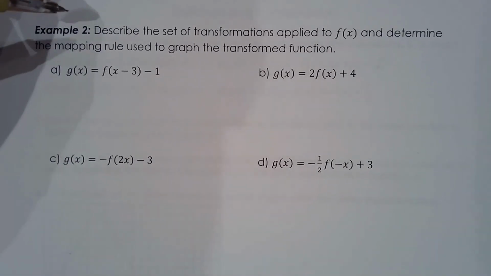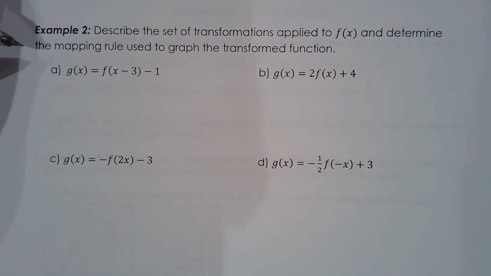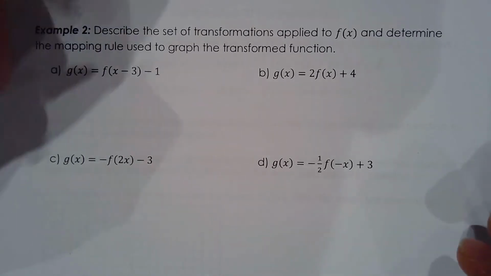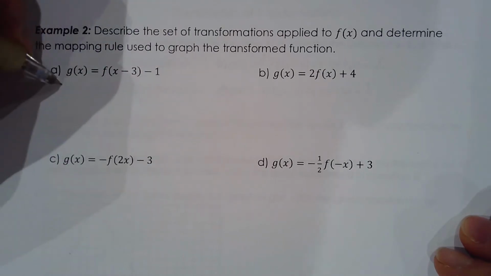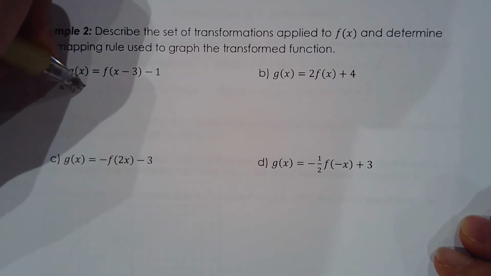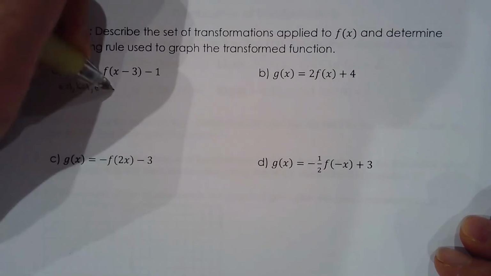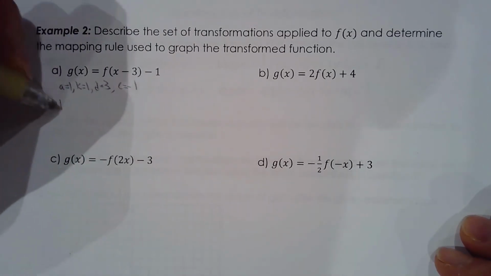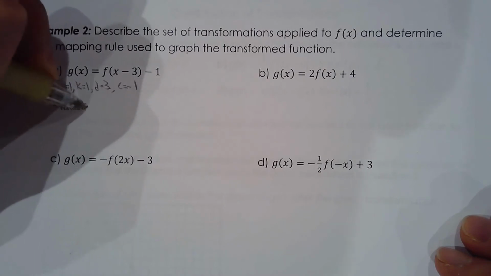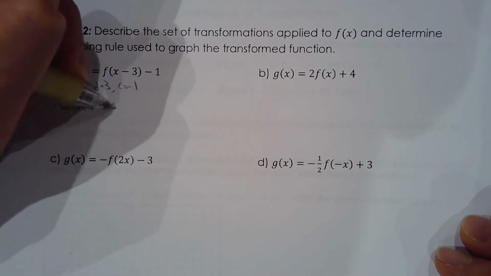Okay, describe the set of transformations applied and determine the mapping rule. So, this one, I'll write the parameters down for you. A is 1, K is 1, D is 3, C is -1. So, horizontal translation, 3 units right.